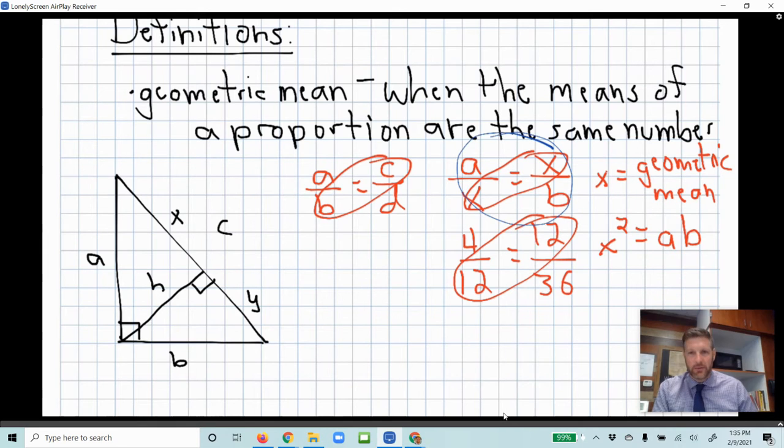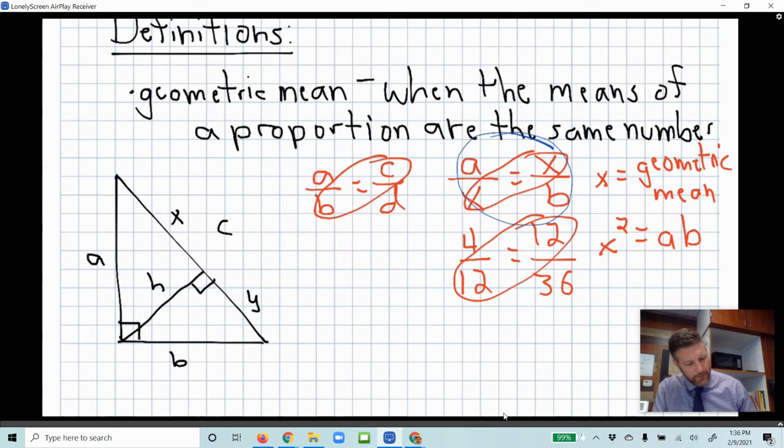One reason we care about this is that we'll be working with these triangles that I have here on the left, where you have a right triangle that is then divided up into two other right triangles, as you can see there. And for example, why this works is, hang on, let me just turn the page.